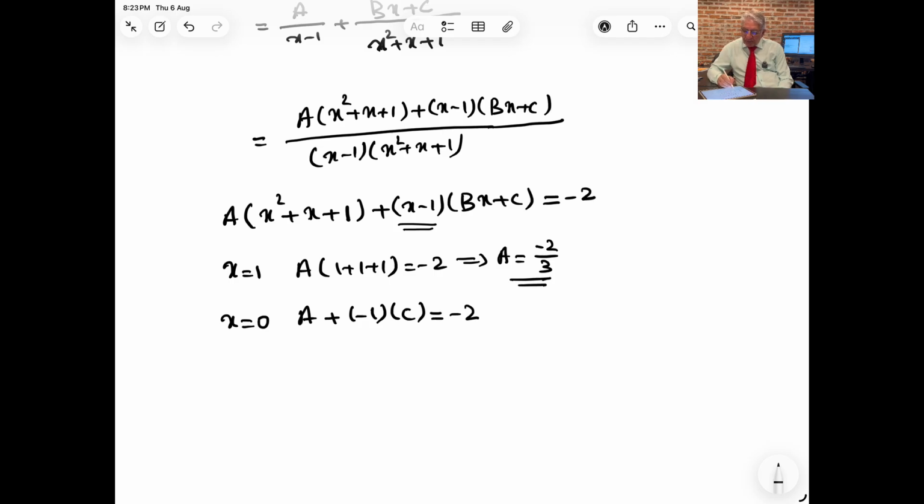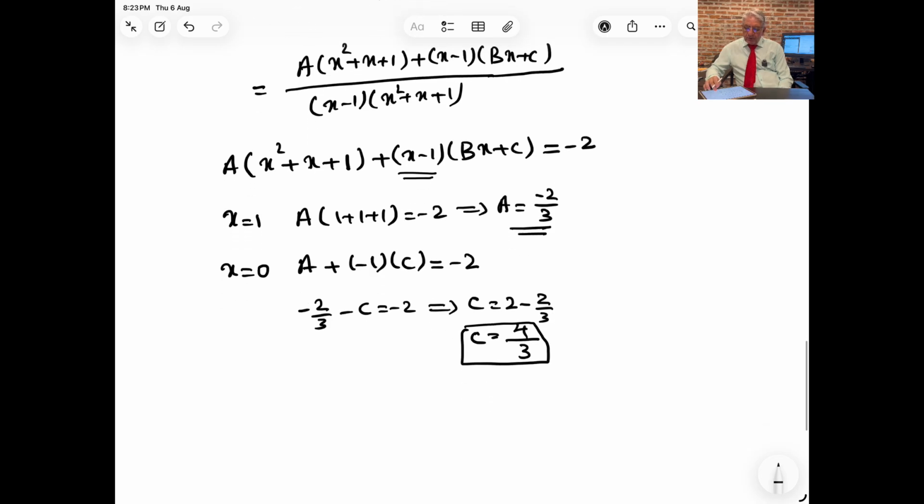So a is negative 2 over 3, negative c is equal to negative 2. Therefore, you can say that c is equal to 2 minus 2 over 3, which is 6 minus 2, 4 over 3. Therefore, the value of c also we could find.